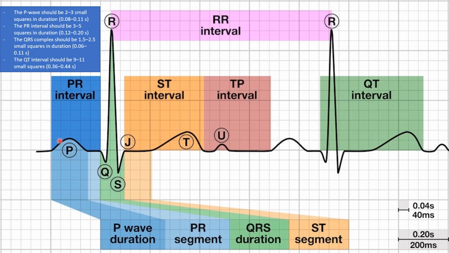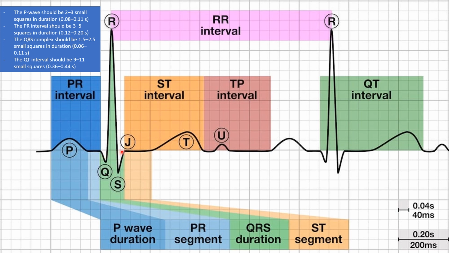0.12 to 0.2 seconds, meaning 3 small boxes, the P to the R here, right? And so on. Some of these are more important than others, right? The QRS complex is very important to know how wide it should be, and it should be no more than 3 small boxes, or 0.12 seconds.